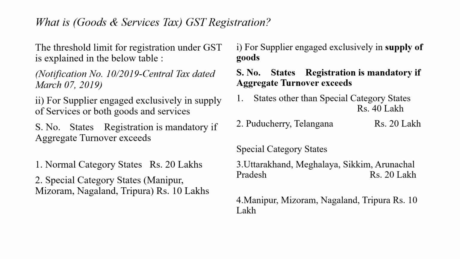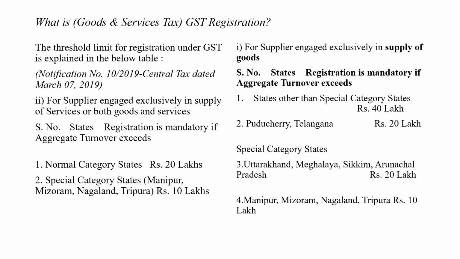First, for a supplier engaged exclusively in supply of services or both goods and services, registration is mandatory if aggregate turnover exceeds rupees 20 lakh for the normal category state, and for a special category state like Manipur, Mizoram, Nagaland, Tripura it is rupees 10 lakh.